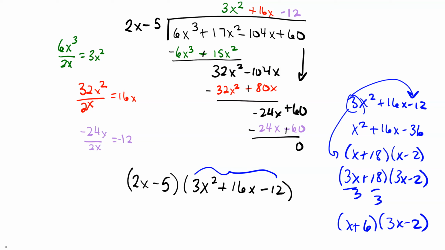If you're done with this one, you can try the other side. Because we found a remainder of 0 on the left side, we know it goes evenly, so I can actually fully factor it. If I have a remainder, it doesn't go evenly and it won't be a factor.